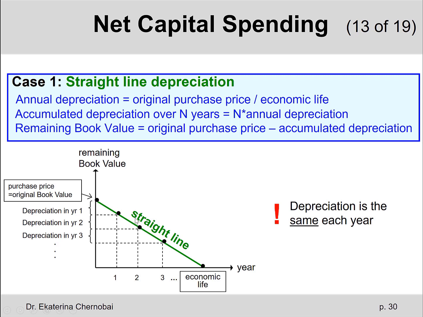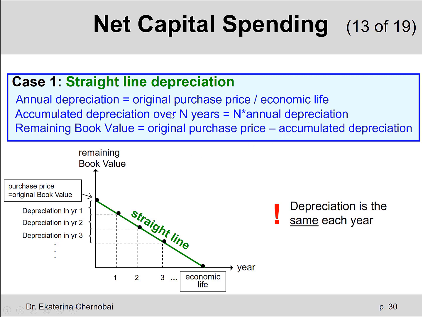So each step you take is the same depreciation amount, same value lost every year. If you're then interested in calculating how much value has been lost over a specific number of years, then we take that number of years and multiply by the annual depreciation. So for example, after 5 years, we have 5 multiplied by the annual depreciation amount.